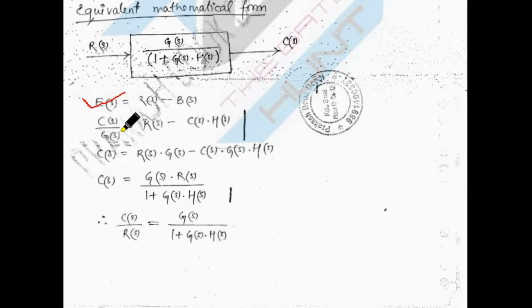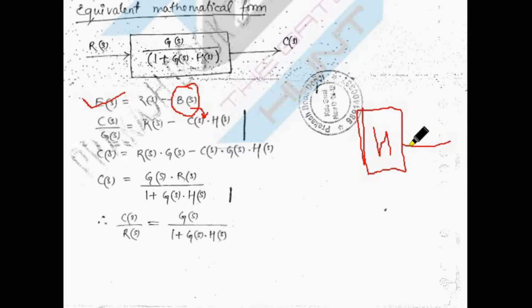So now we are replacing B(s) using C(s)H(s). Why we are replacing B(s) using C(s)H(s) is that, just consider this is your feedback element, meaning feedback gain H, and the input for this feedback element is nothing but your output signal, C(s), and the output for this feedback system is your B(s), right?